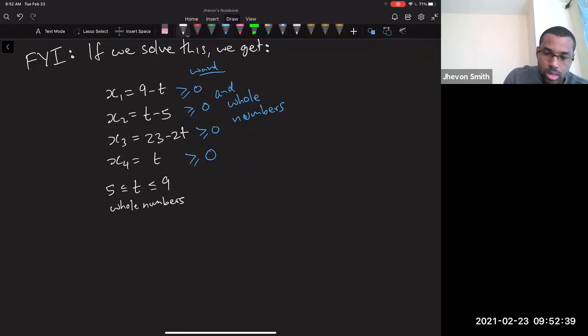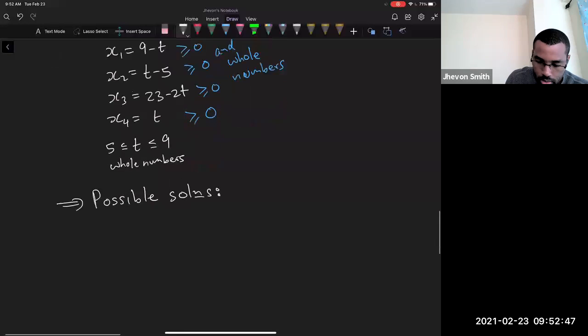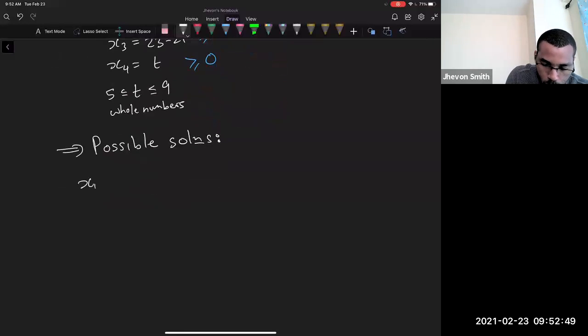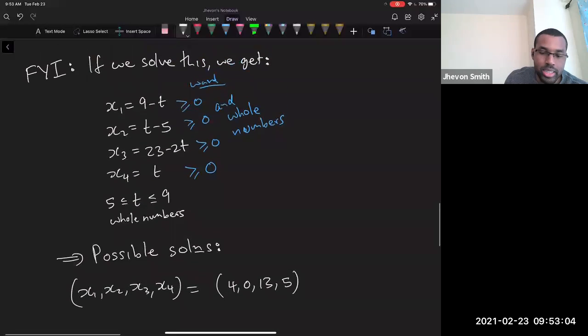So this leads to the possible solutions. x1, x2, x3, x4 can be equal to, one possibility is 4, 0, 13, 5. That's like me plugging in t equals 5.